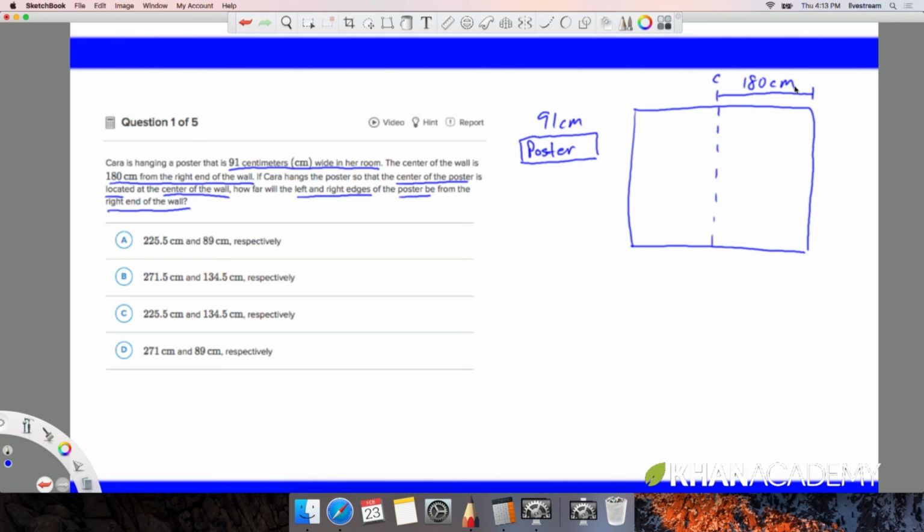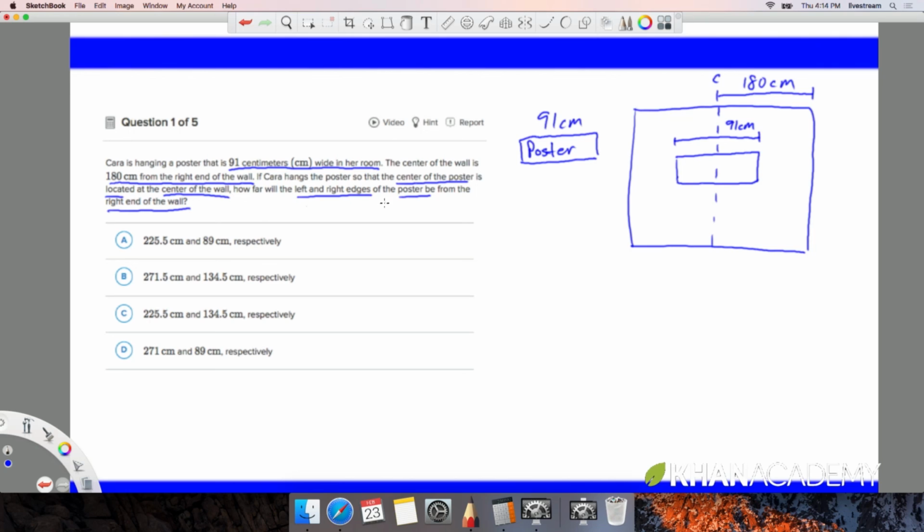And then I have this diagram, and now I'm putting the poster so that the center of the poster is located at the center of the wall. So then I'm going to move that poster inside here. And then this again is 91 centimeters. And now, what is the question now? Now I have this diagram that can help me solve the problem.